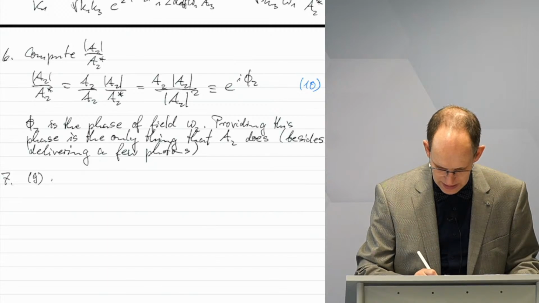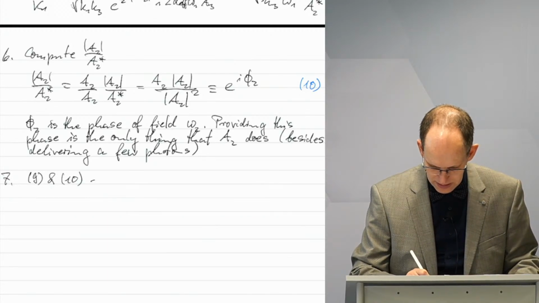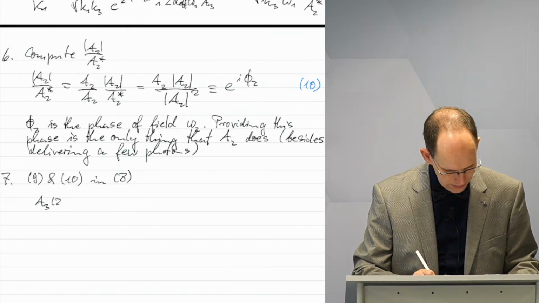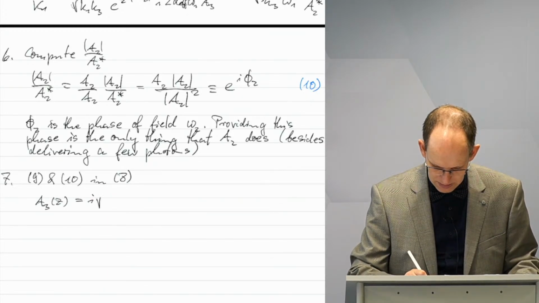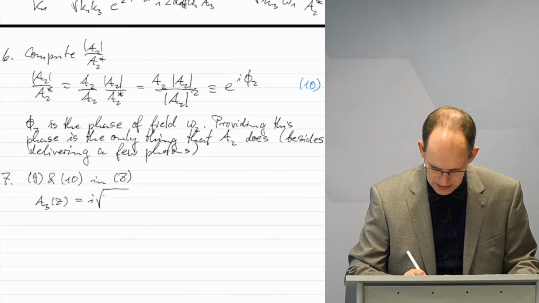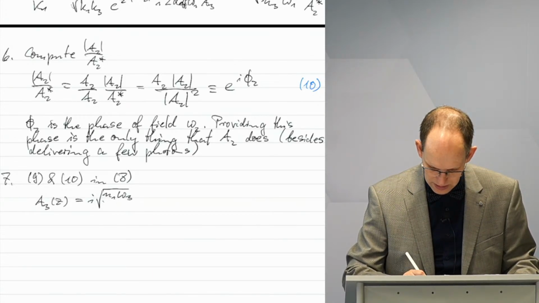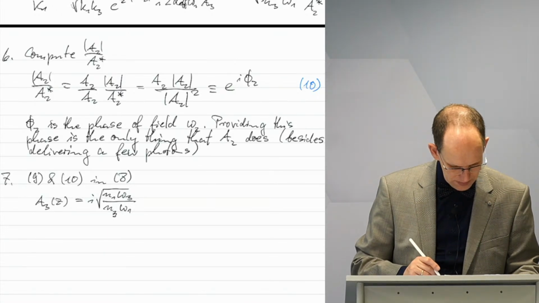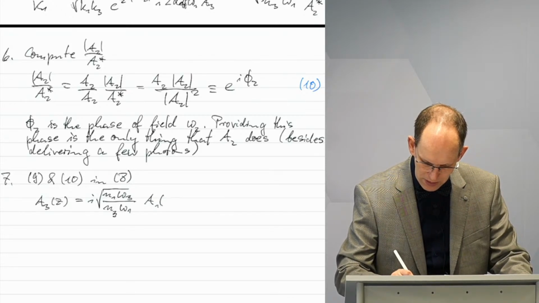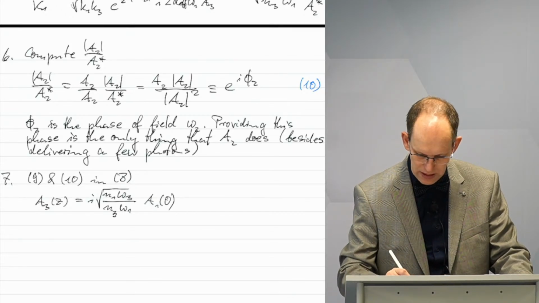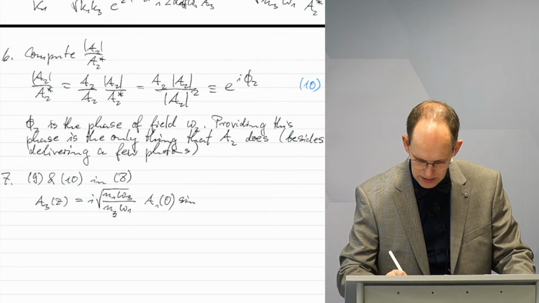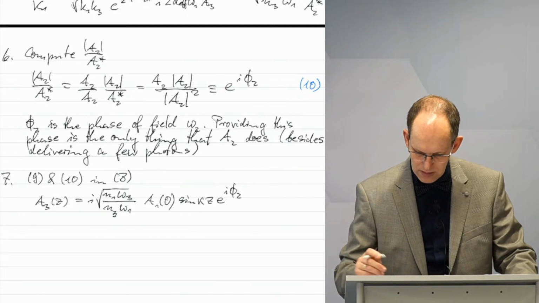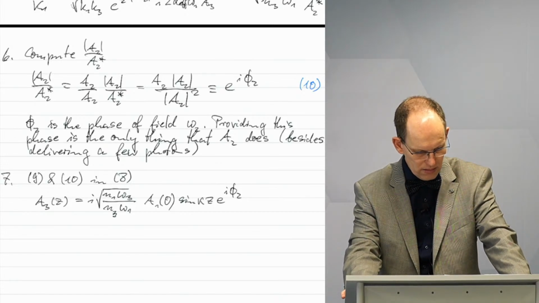We see that A3 of Z is equal to the imaginary unit times n1 times omega 3 divided by n3 and omega 1, then A1 at position Z equal to 0, sine of kappa times Z, times e to the i, and now this phase.